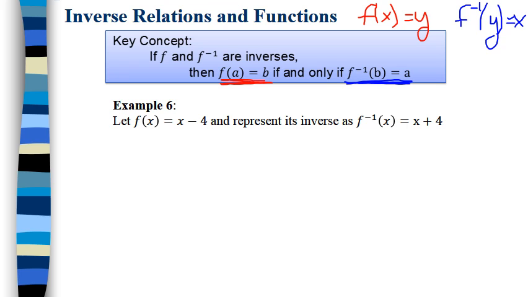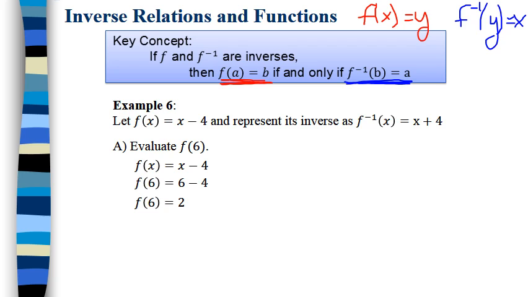So for example, if we want to find the inverse of f of x equals x minus 4, we can evaluate f of 6. So put in 6, 6 minus 4 is 2. So if f of 6 equals 2, then for its inverse, the inverse f of 2 should equal 6.